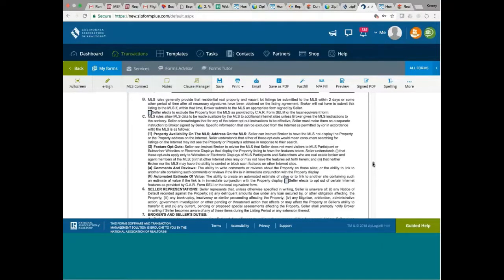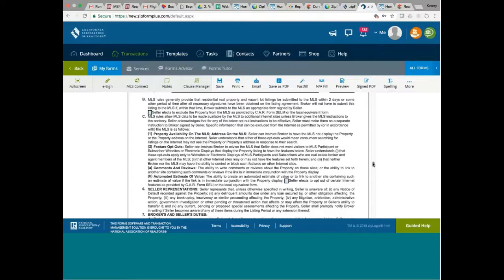Seller understands that either of these opt-outs would mean consumers searching for a listing on the internet may not see the property or property address in response to their search. That feature is available, but do you want the consumer to see the address or not see the address? That can be arranged.